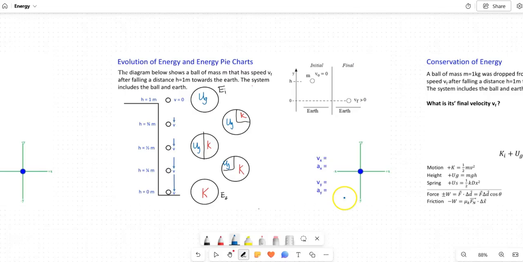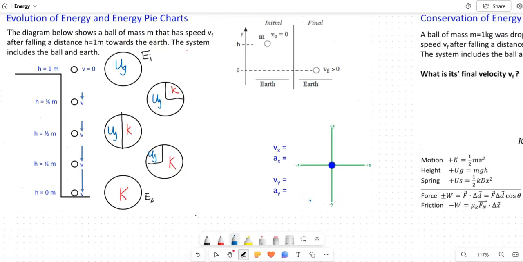from start to finish. Now, if we do our little force diagram, we've raised the ball up to a height, and then we've let it go. The moment that we've let it go, it's going to begin moving down in the negative y direction, and it's going to begin accelerating down.